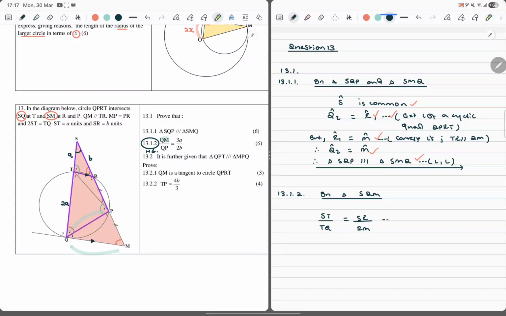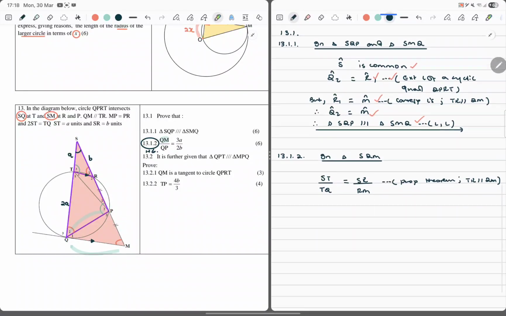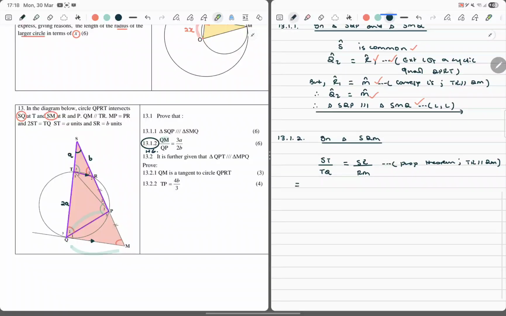right? Now this is the proportionality theorem with TR parallel to QM in that named triangle. Alright, so this implies what we want, ST is A divided by TQ, which is 2A, equals SR, which is B, divided by this RM.